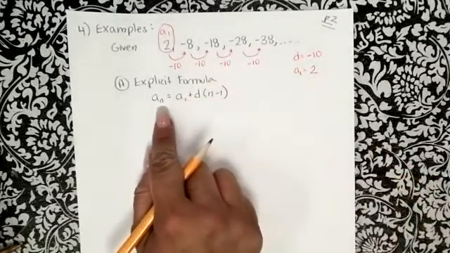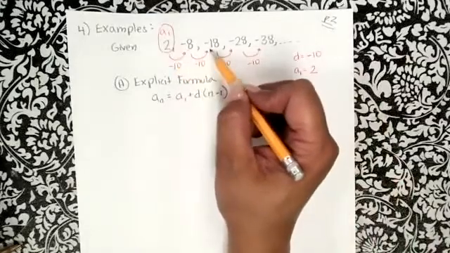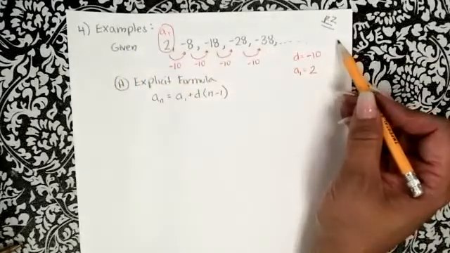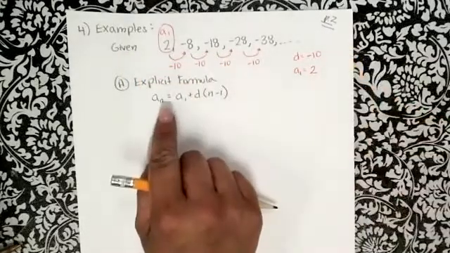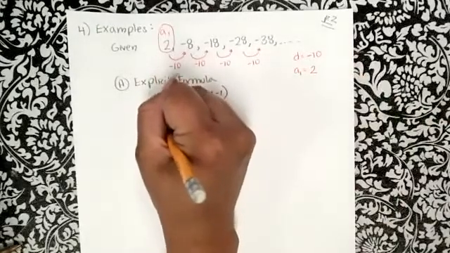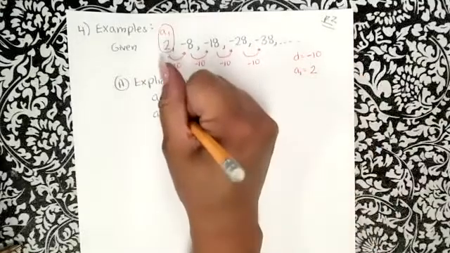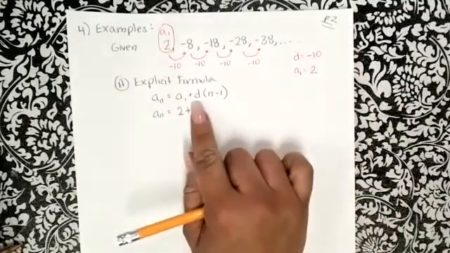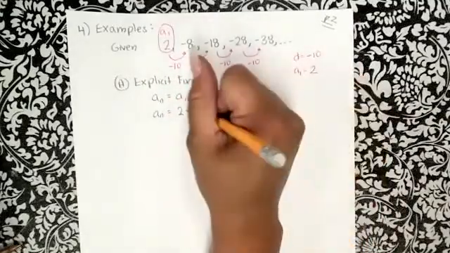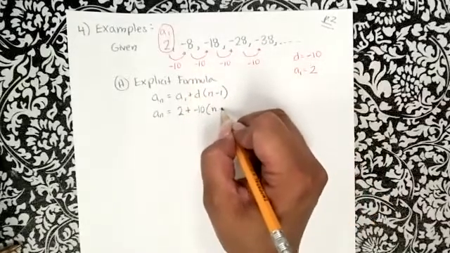I'm not asking for a specific term number. So this is A1, this is A2, this is A3. I'm not asking you for any of the specific term numbers, so you don't know what n is. So you leave n in the problem. I know what A1 is. A1 is the number 2. D, that's the common difference. That is a -10. And like before, I don't know what the n is.